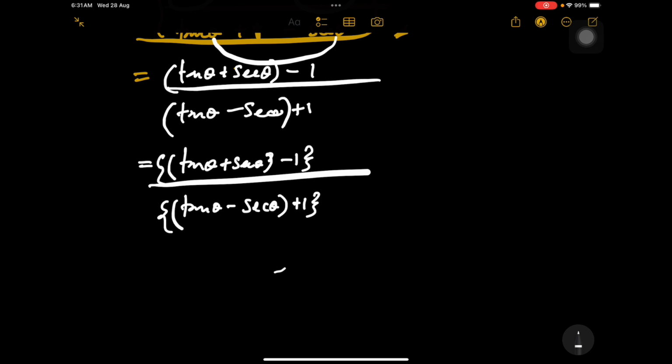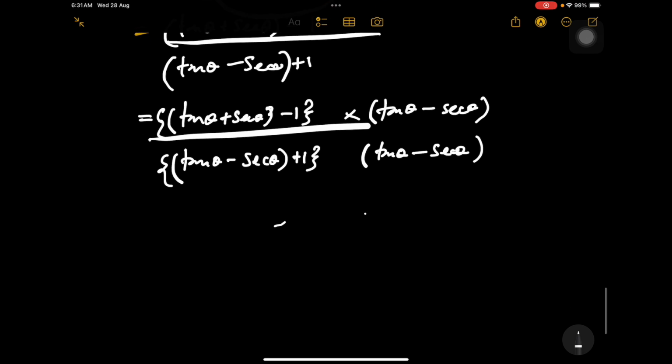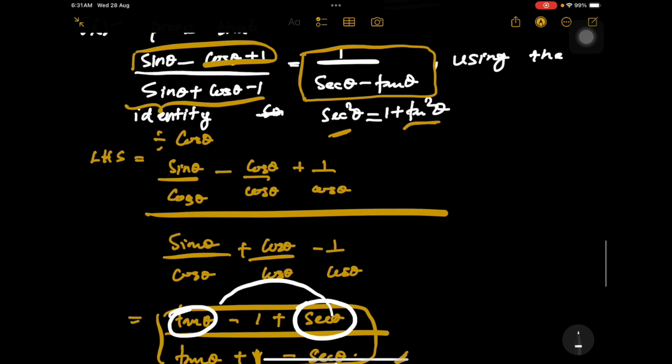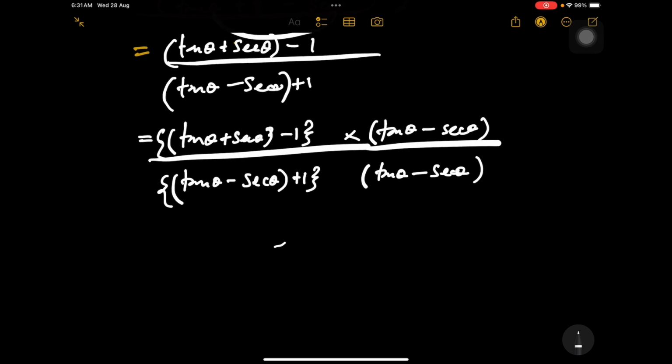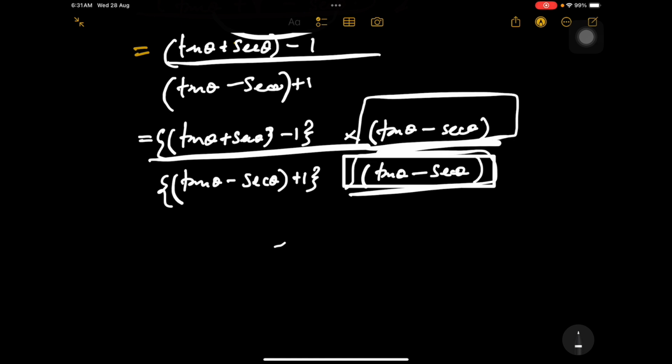What I'm going to do is multiply the up and down with tan theta minus sec theta. Let's see what will happen, because there is nothing like sec theta minus tan theta on the bottom. So I'm going to create it. If you want to create this, you have to do the same thing on the top as well, because it should not change the whole value of the equation.